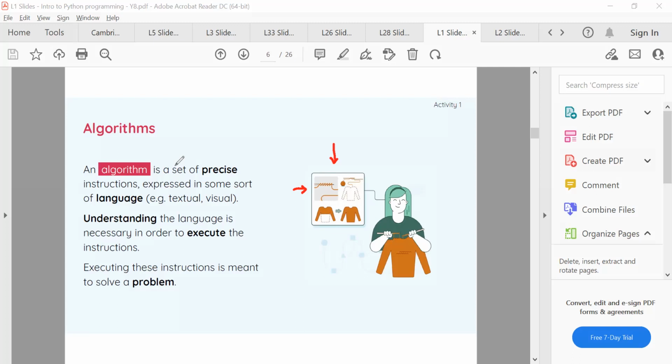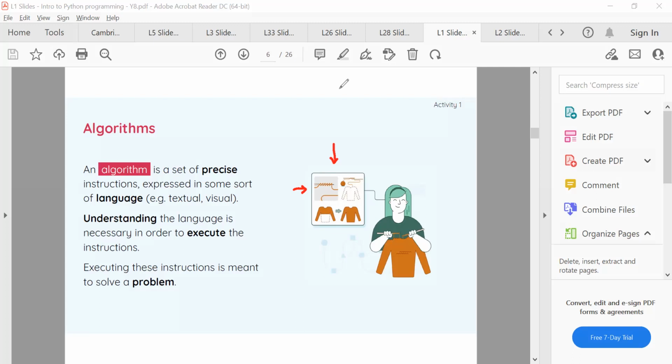We can even consider cooking a cake as also an algorithm. If you see some of the magazines in the market, you can buy one, follow the instructions given, and you're able to make a dish. So this is also called an algorithm.